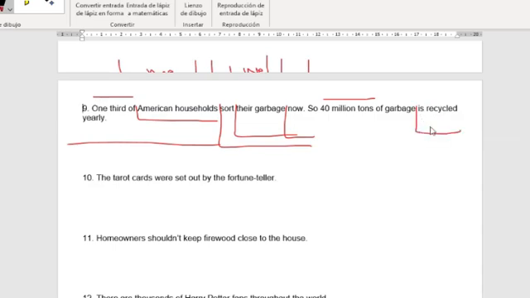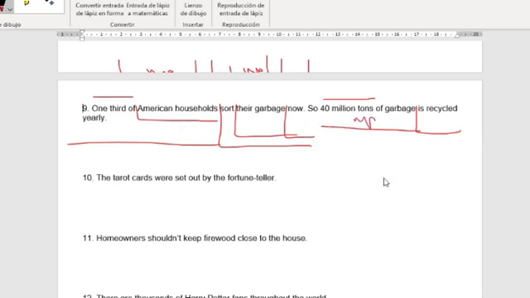You got confused, you have to pay attention. So is recycled is what? It's present passive. And then 40 million tons of garbage is a noun phrase.